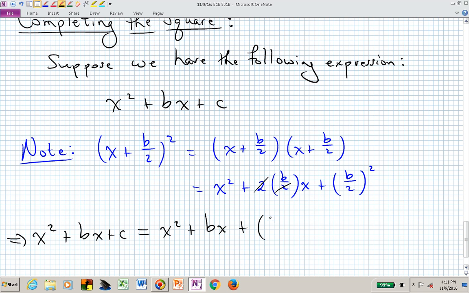And we also have (b over 2) squared, but we can't just arbitrarily add in a number. We can add 0 to any equation, and we can do that by simply subtracting (b over 2) squared. And we really want to get the left-hand side, and so right now we still just have the first two terms on the left-hand side, and we can finish up the left-hand side by adding in c.